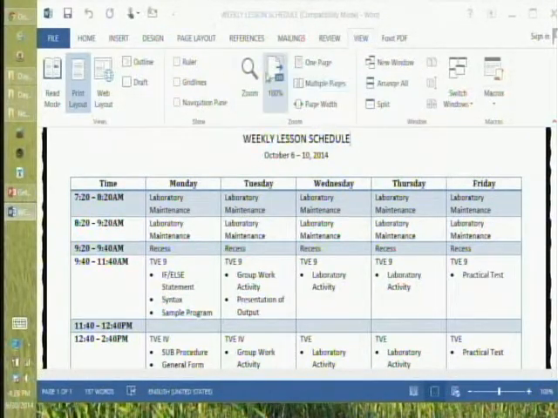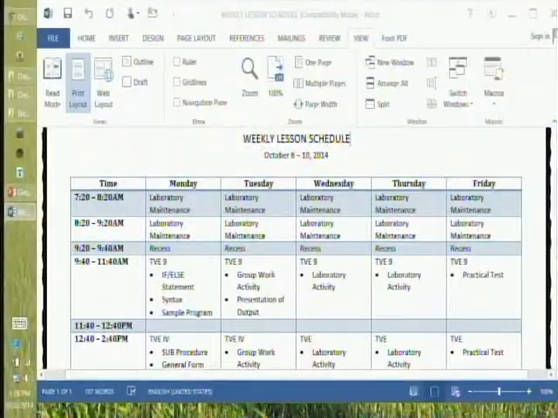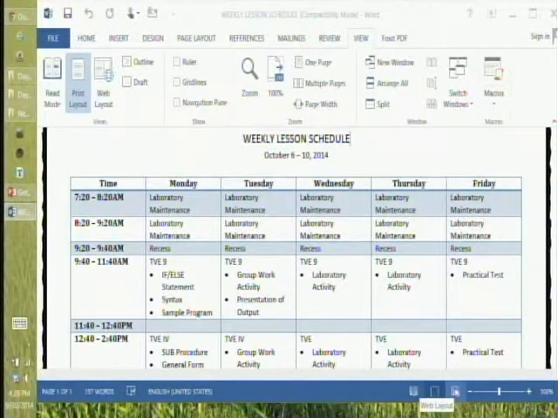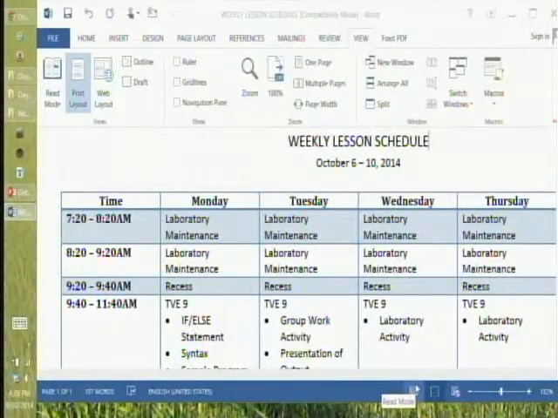Okay, this is actually my actual schedule. I have 3 loads. These are the TVE because our school is a tech-voc school. I have 9:40 to 11:40, Grade 9, and this is computer programming.